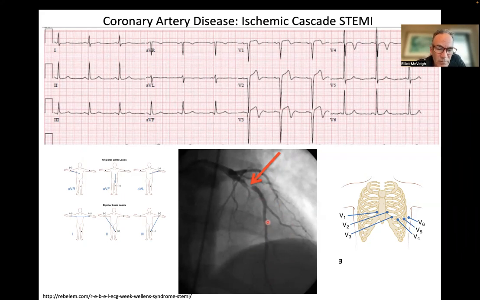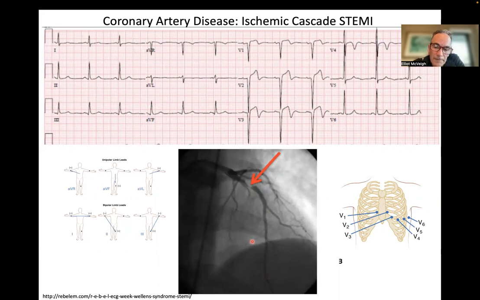But it's not unheard of that people have good collateral circulation for something such that they can get away with a lesion here because this tissue is fed by a parallel pathway, and that's called collateral circulation. And so some people are very robust towards developing a lesion like this because of that collateral circulation.